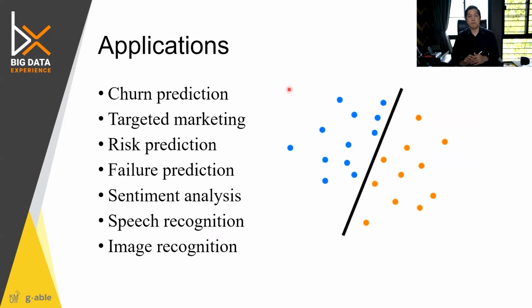Applications of classification can be arranged in various ways. You can use classification to perform churn prediction. The word churn here means leaving companies, or actually with today's subscription models, churn would indicate that the customer would leave the contract.